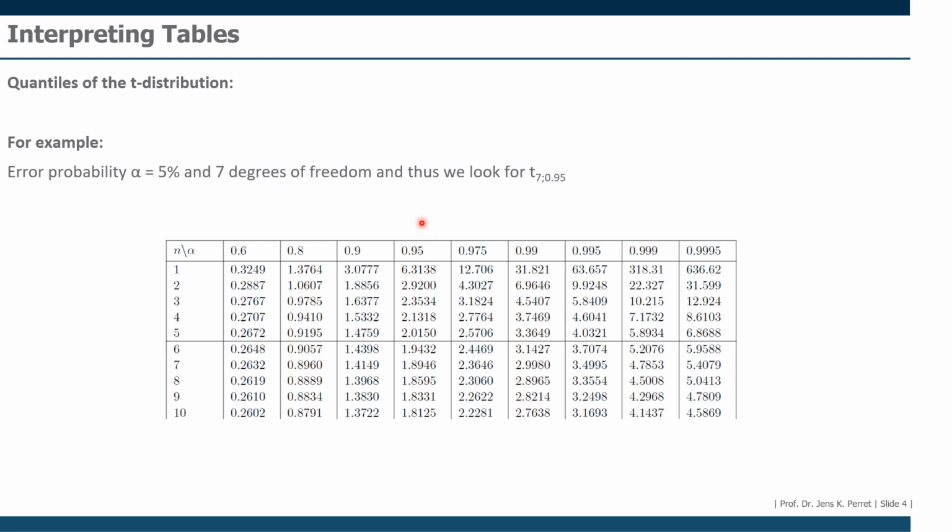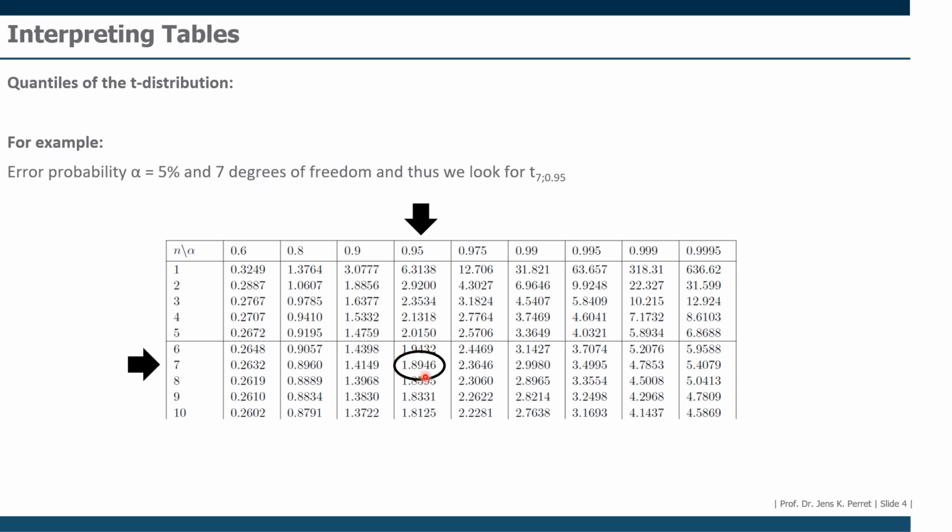So we have to look up 0.95 in the column. And the first value, as I said, is the degrees of freedom. It's 7. So we have to look up degrees of freedom in the rows. So here we have to look up this row. So in other words, take this row, take that column. We're going to see where the 2 intersect, which is here with this value. So that's actually what we're going to replace the t 7, 0.95 with.